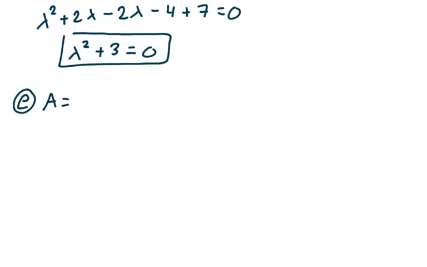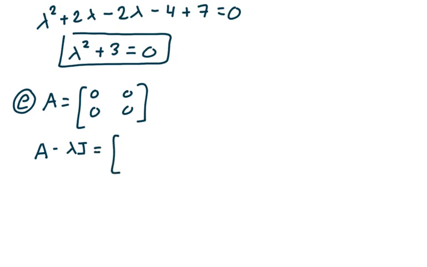E. Suppose we're given the 0 matrix. And that can happen, by the way. A minus lambda I is the 0 matrix minus [lambda, 0; 0, lambda]. Okay? This is going to go very quick.